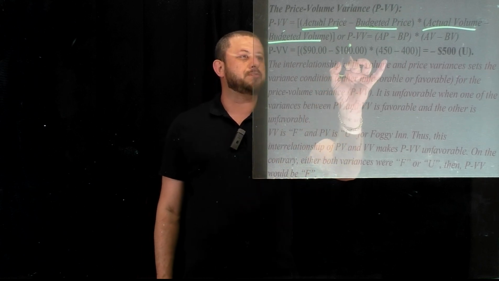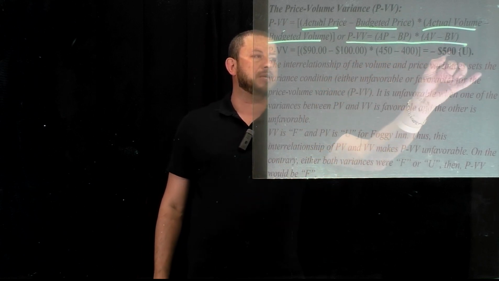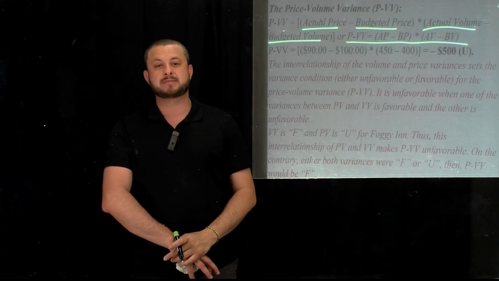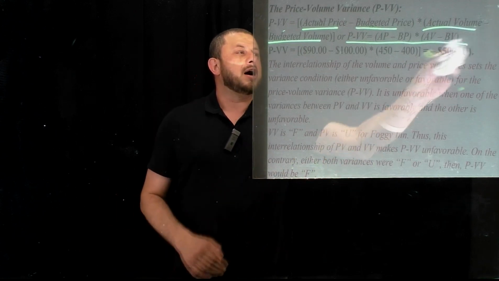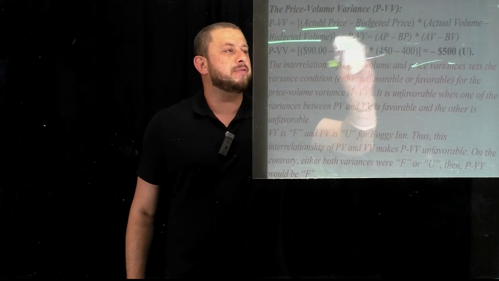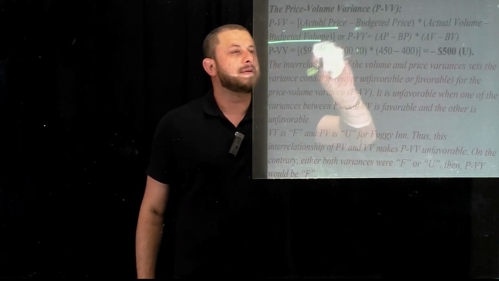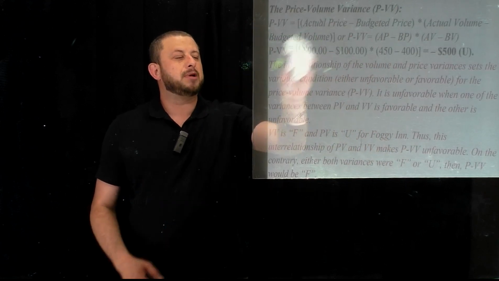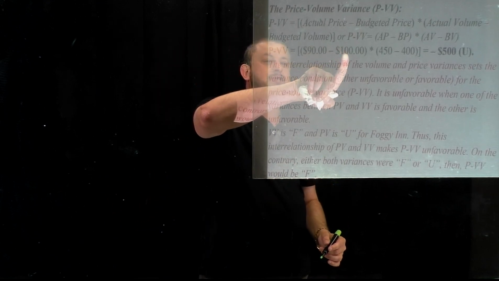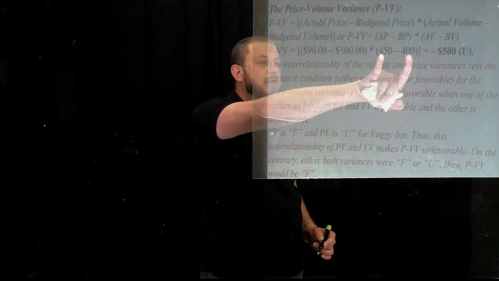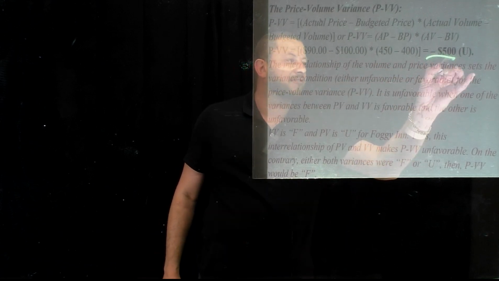In short, PVV is equal to AP minus BP multiplied by AV minus BV. These are the short versions, and you can use them as well. When I plug in the numbers, actual price 90, budgeted price 100, these are the ADRs, and 450 minus 400, these are the sales volumes, room nights, I will produce negative 500.